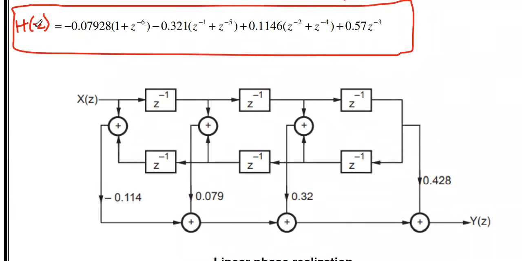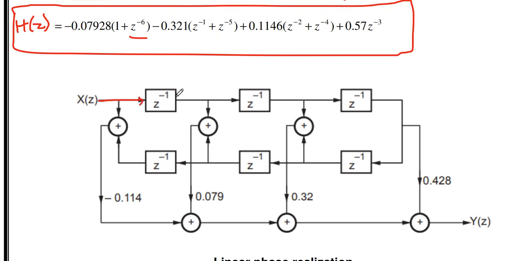In order to realize this transfer function in linear phase realization, what is the highest order of z? Z power minus 6. That's why we have to use 6 delay elements, arranged as 3 delay elements on top and 3 delay elements at the bottom. Here we are giving the input.